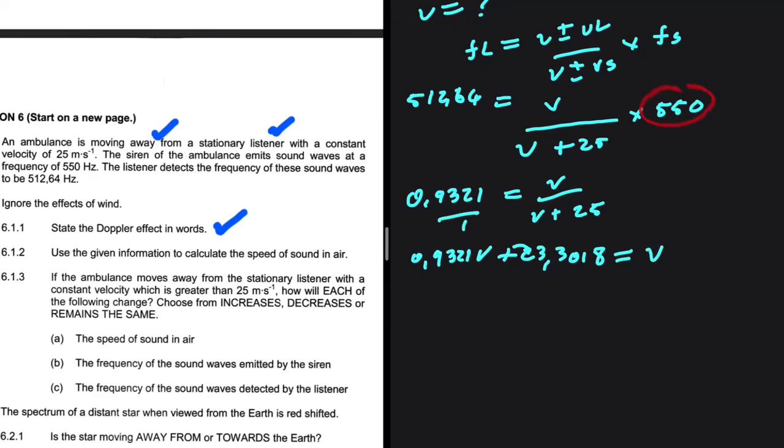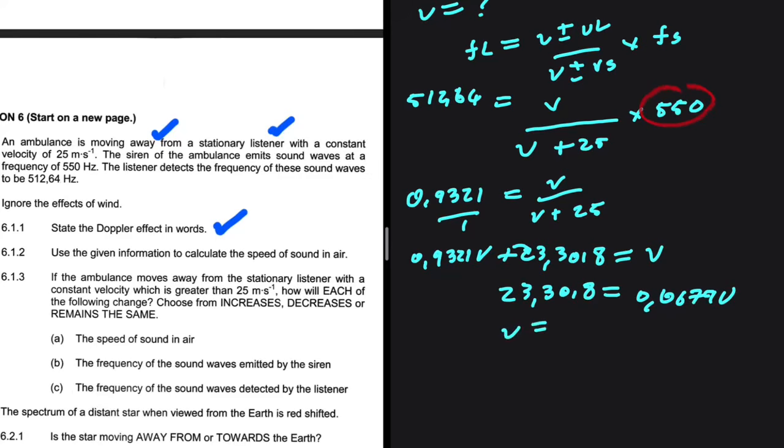If I take 0.9321 V to the right hand side, I'm going to have 1 minus 0.9321, which is 0.0679. So I have 23.3018 being equal to 0.0679 V. It is obvious what I'm going to do at this point.